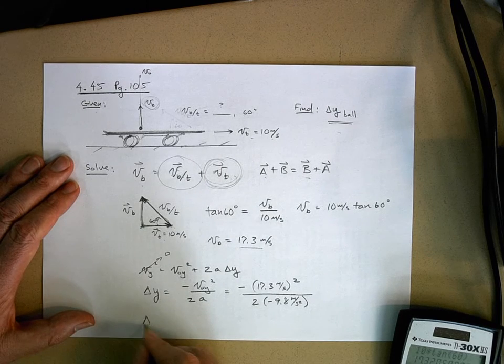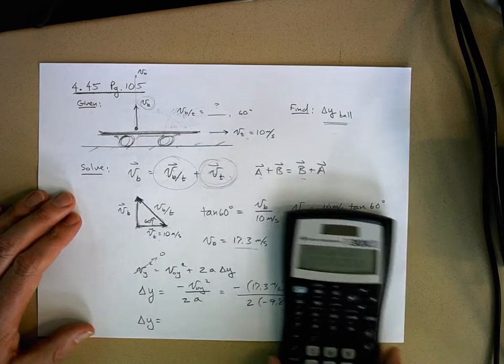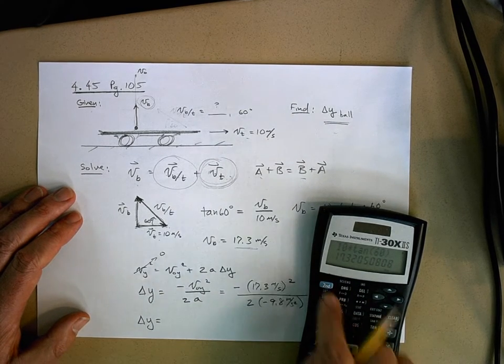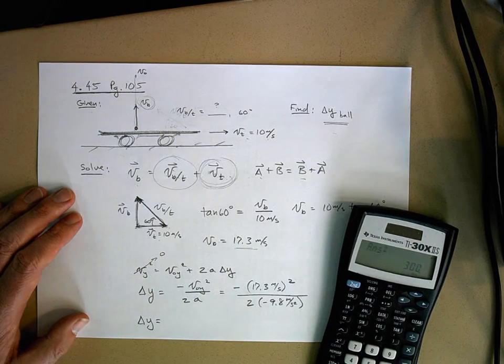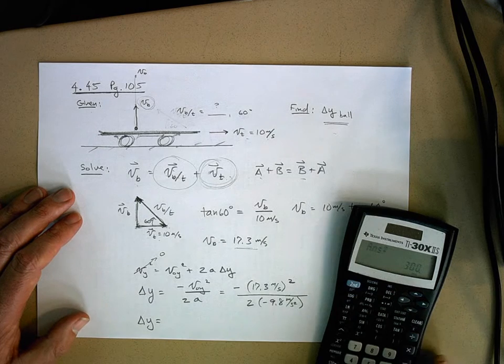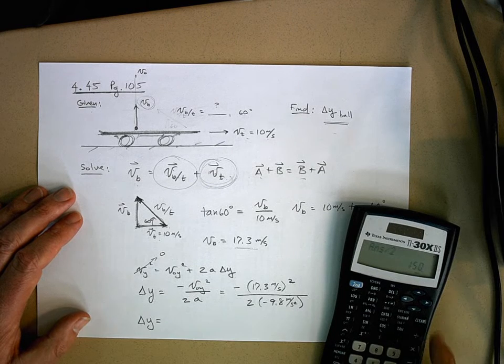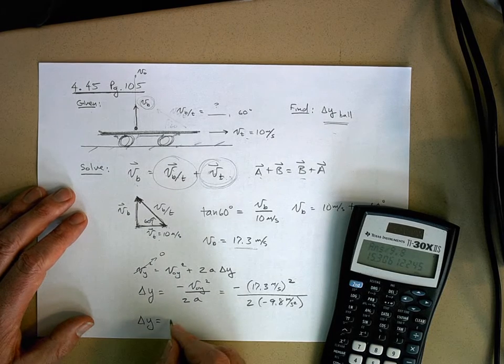So I take the answer I got and square it, about 300, divided by 2, and then divided by 9.8. I get 15.3 meters.